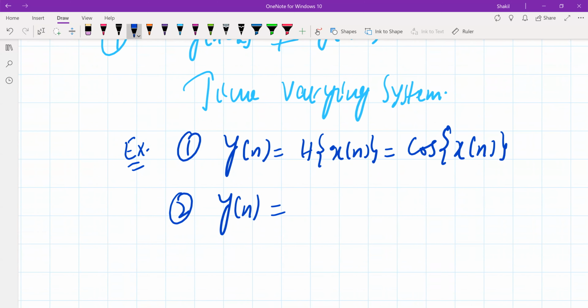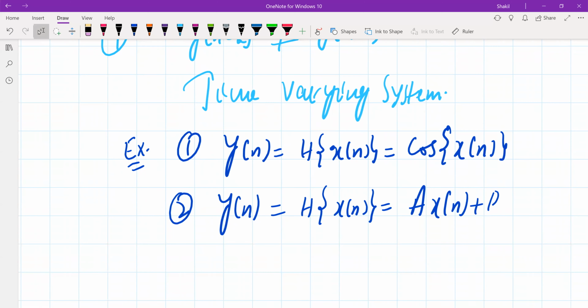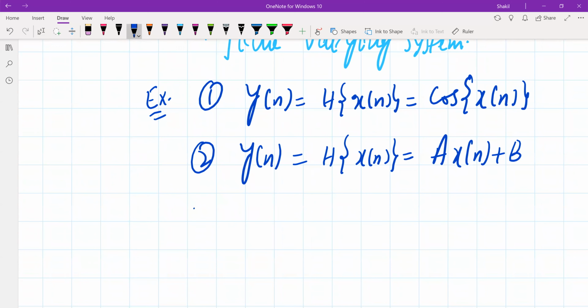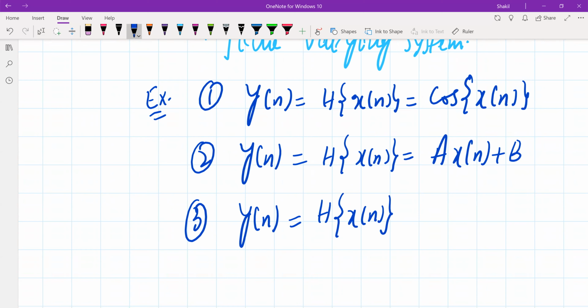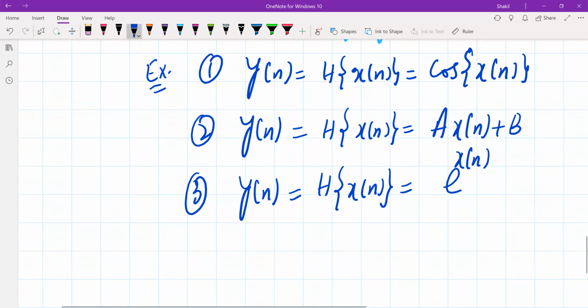Another example is a times x of n plus p. Similarly, the third example is, let's suppose, when the system operates on the sequence x of n. Check whether these systems are time varying or time invariant. All right. So let's end it here.